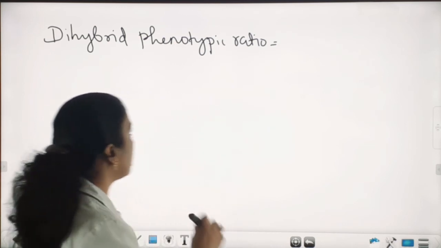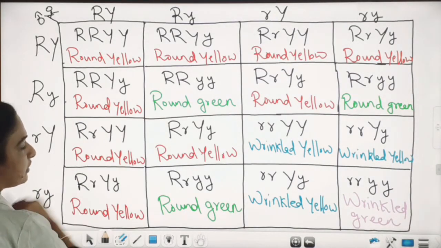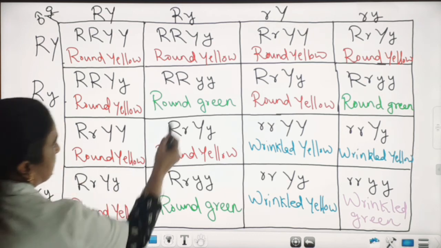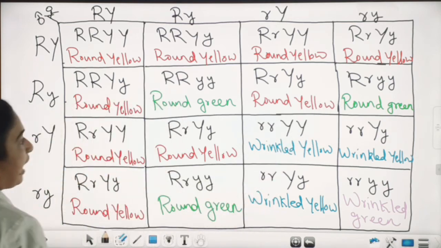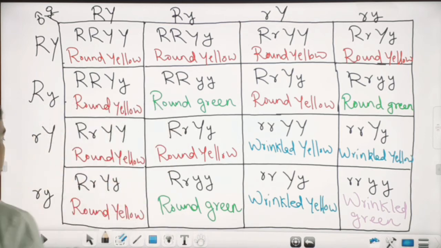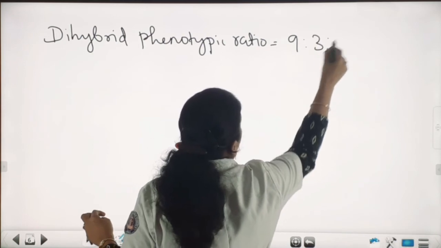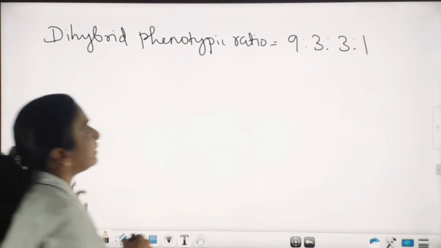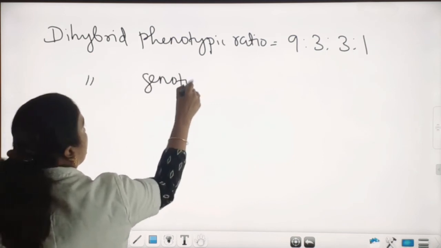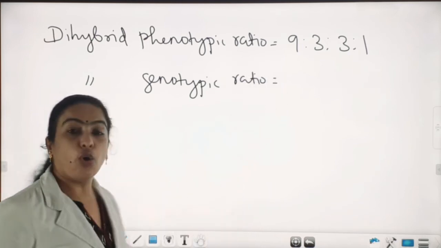So here we can see 9 round yellow, you can count it, and 3 round green, and 3 wrinkled yellow and 1 wrinkled green. So we can write over here 9:3:3:1 is the dihybrid phenotypic ratio.